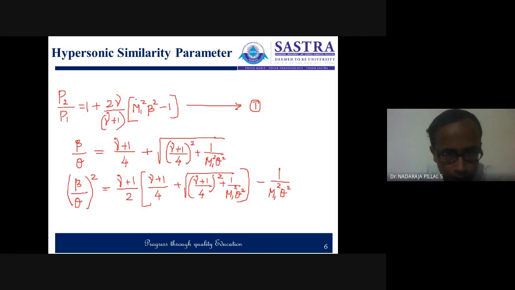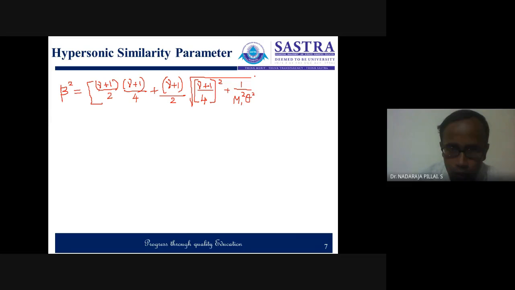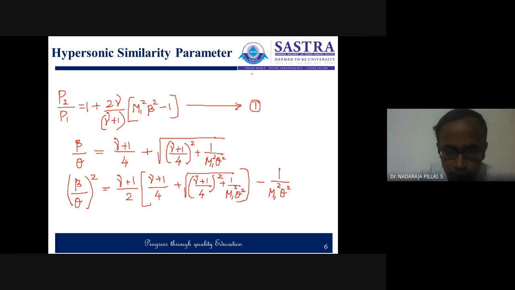Please note that I am writing this equation as gamma plus 1 by 2 into gamma plus 1 by 4 plus gamma plus 1 by 2 into root of gamma plus 1 by 4 square plus 1 by m1 square theta square, and minus 1 by m1 square theta square.